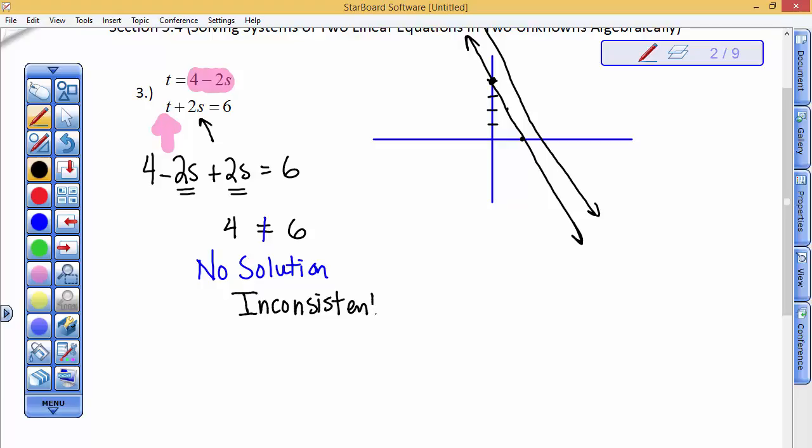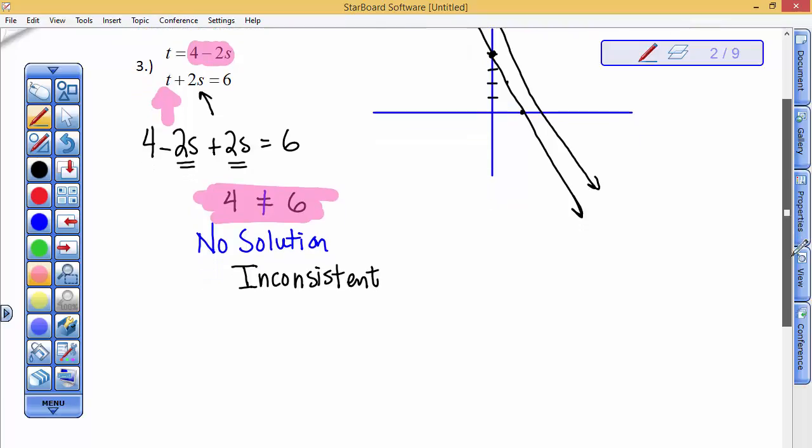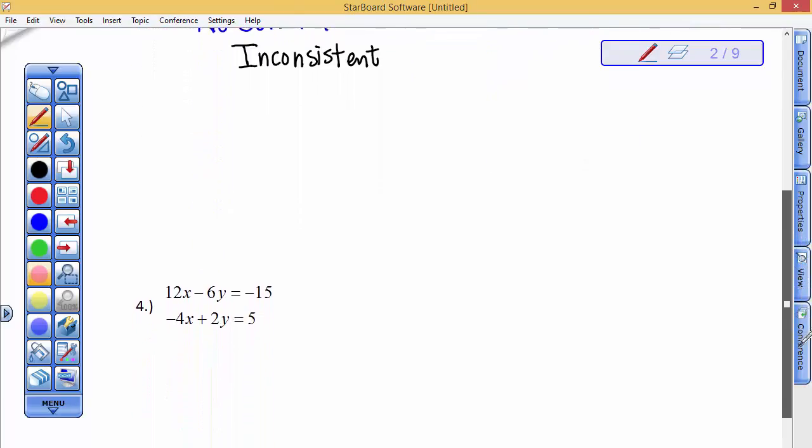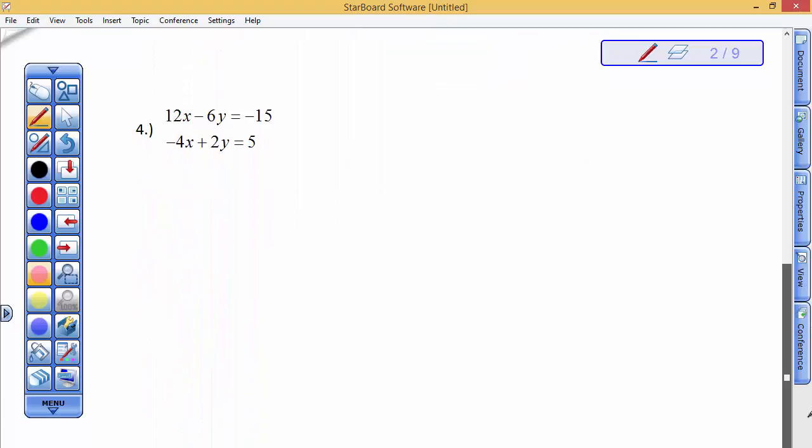In this next problem, when I use substitution, I'm going to go ahead and take, I think, this second equation and solve it for y. So I'm going to add 4x to both sides in an effort to get the 2y alone.